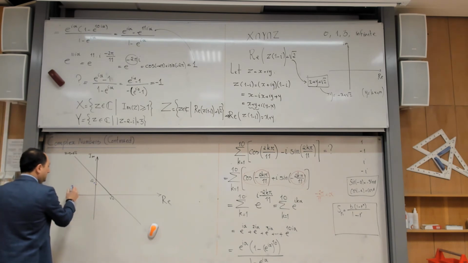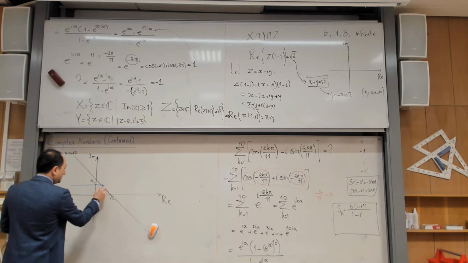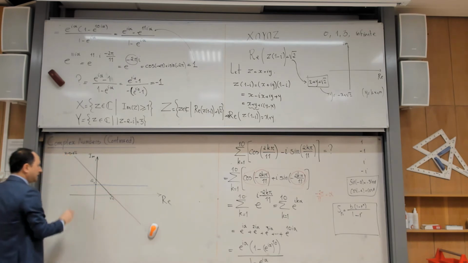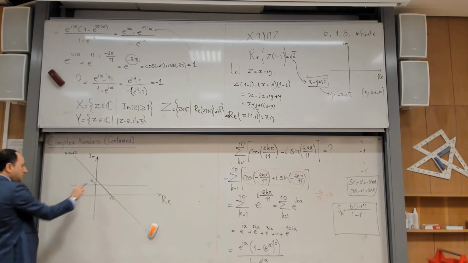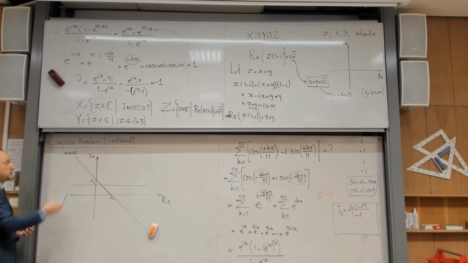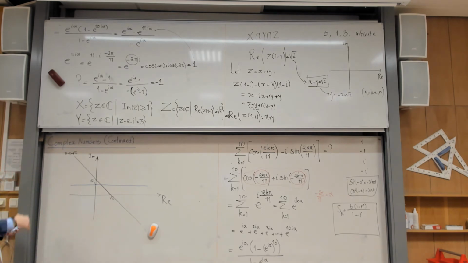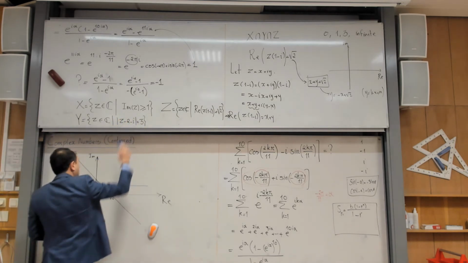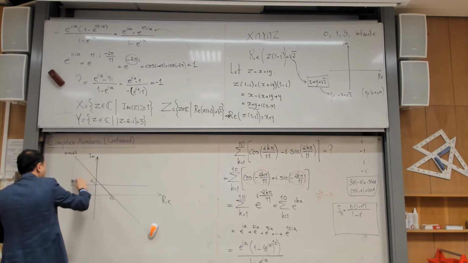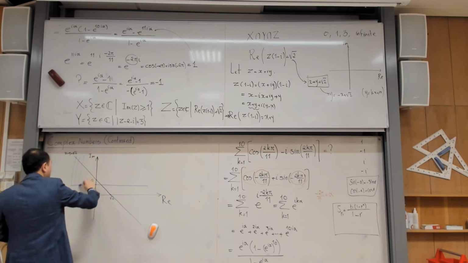And then this horizontal line, every point on this line has imaginary part exactly equal to 1. Equal to 1 is acceptable, but I am also interested in all those points which are above this line. Yes? So for this one, you need to somehow color everything up here.